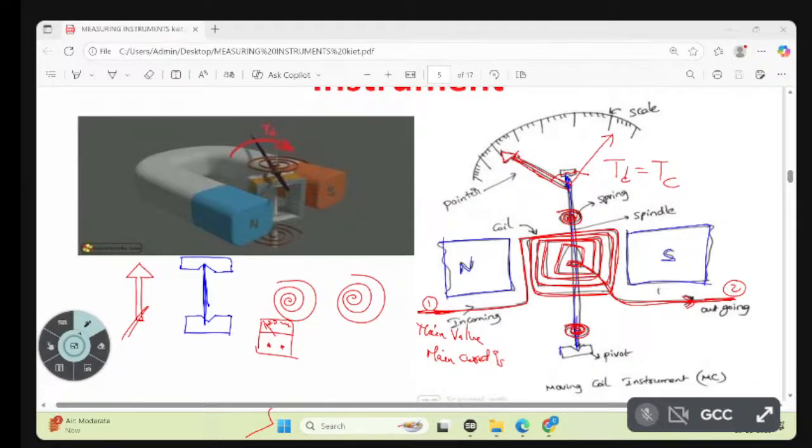Spring ఏమవుతుంది, ఇలా రొటేట్ అయితే spring tight అయిపోతుంది కదా.